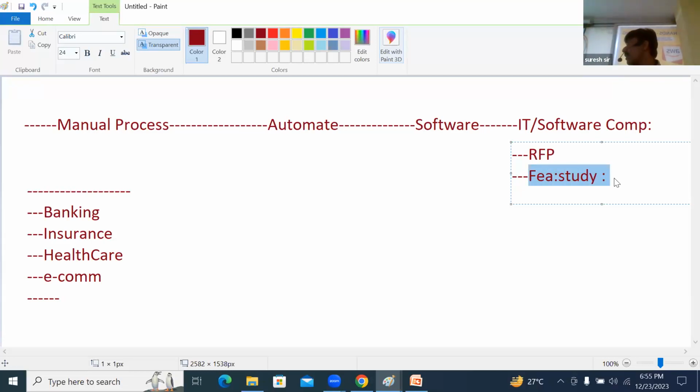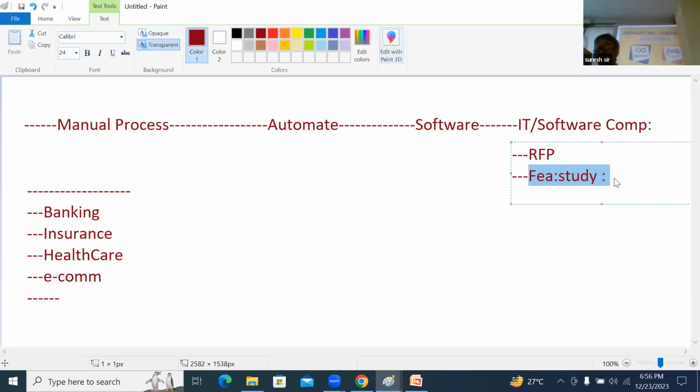As a best example, in the current market, if we look at the banking sector, most of the things are already automated, and we can do many banking activities from home. But can we do all the activities from home? No. Even though most things are automated and software is there, we still need to visit the banks.